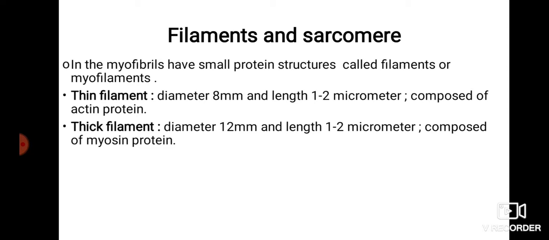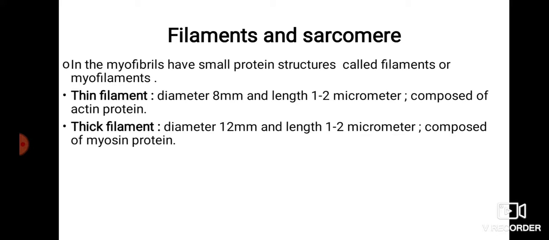The thin filament has a diameter of 8 nanometers and a length of 1 to 2 micrometers. These are the dimensions of the thin filaments, which are composed of actin proteins, and actin proteins are contractile proteins.